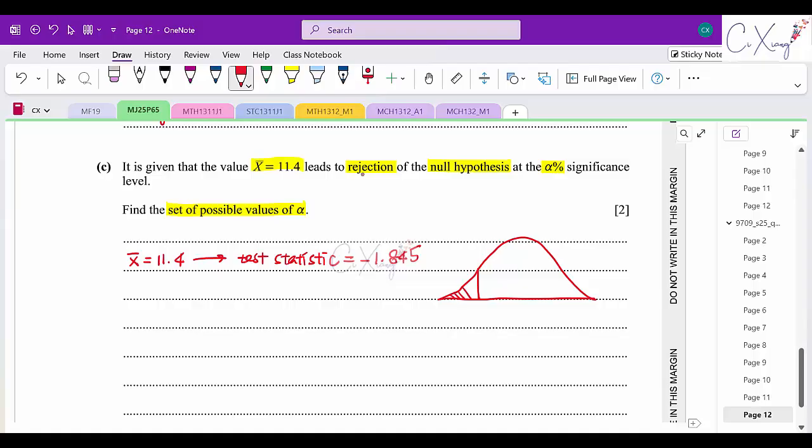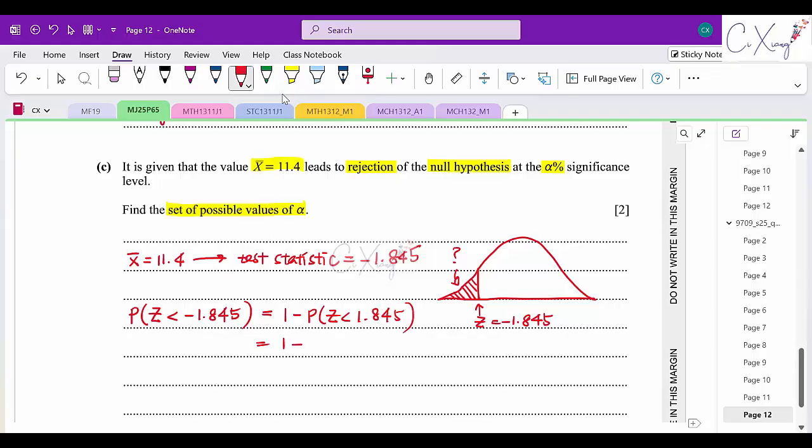That means I need to know first, if my value of z here is negative 1.845, then what's the area here? Let me find out first. So I try to find the probability of z smaller than negative 1.845. It will be 1 minus the probability of z smaller than 1.845.